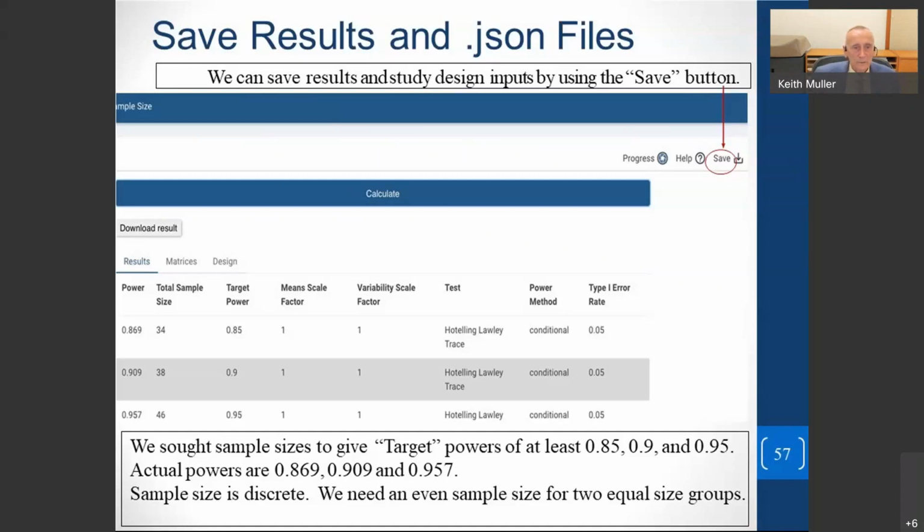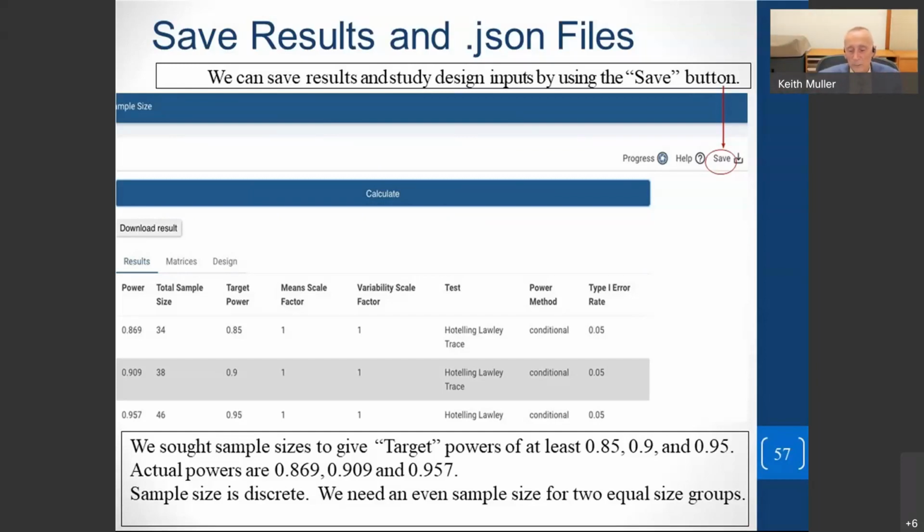So here we have 3 powers, and we asked for 0.85, 0.90, and 0.95. Instead, we got powers of 0.869, 0.909, and 0.957. And the reason for that is that we provide a physically realizable design. We don't ask you to take a person and chop them into pieces.